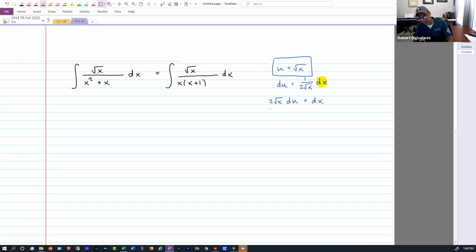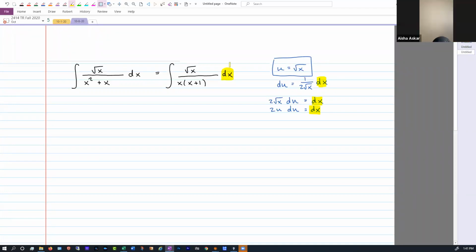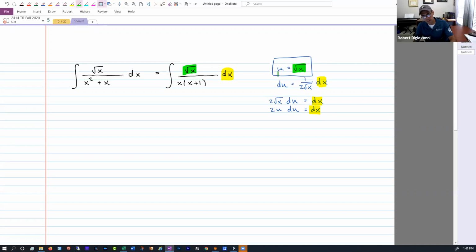So I can rewrite this line as 2u du equals dx. We kind of got lucky that we were able to replace that. Do you all agree that I can replace dx with 2u du? Yes? Okay. And I can replace square root of x with u, right?